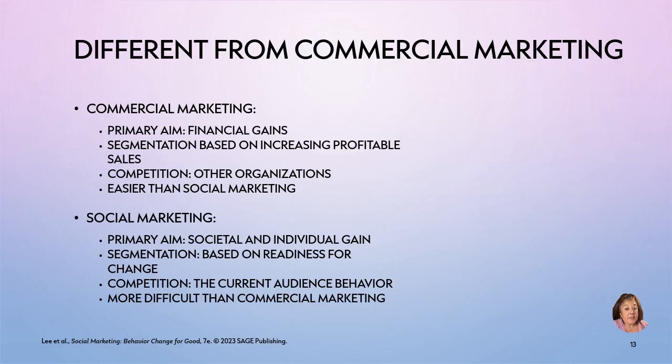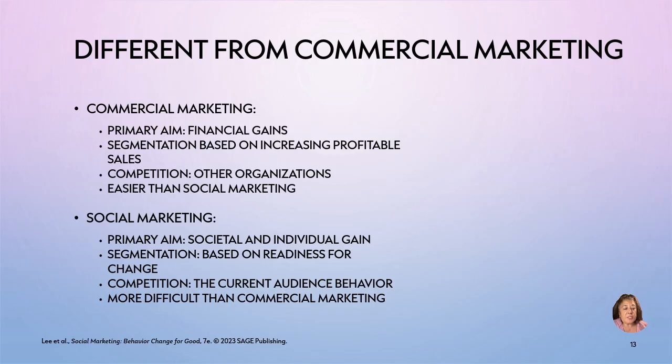In social marketing, the primary aim is to influence behavior change for societal and individual good. The choice of segment is based on a different set of criteria, including prevalence of the social problem, ability to reach the audience, readiness for change, and other factors.